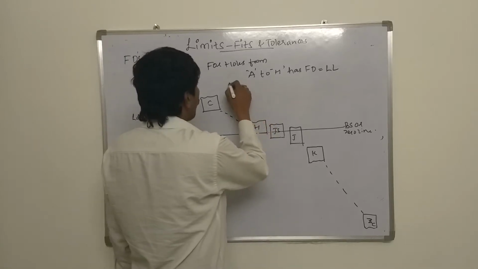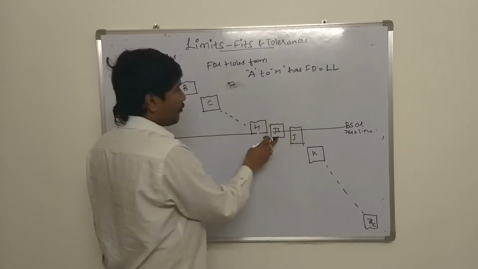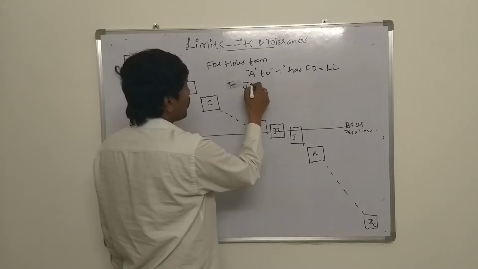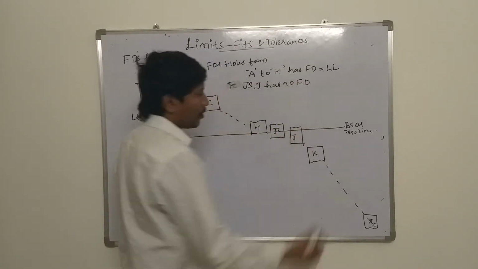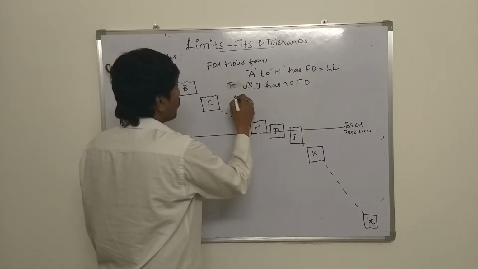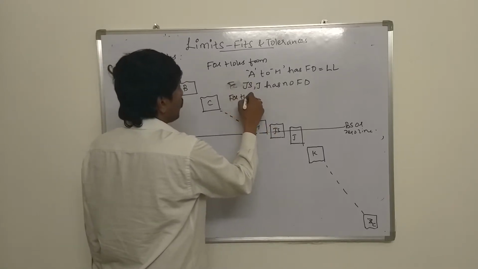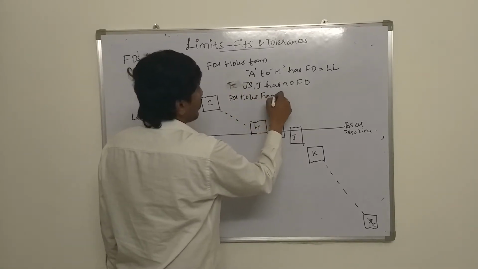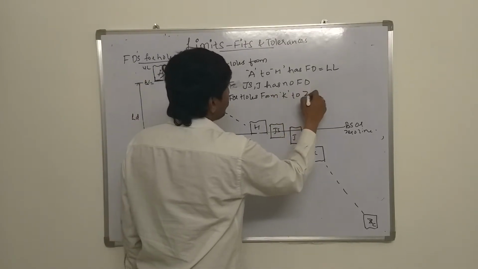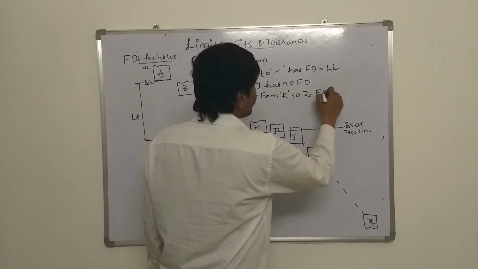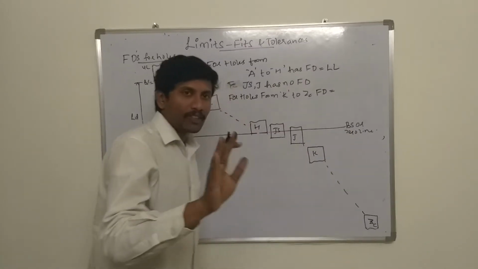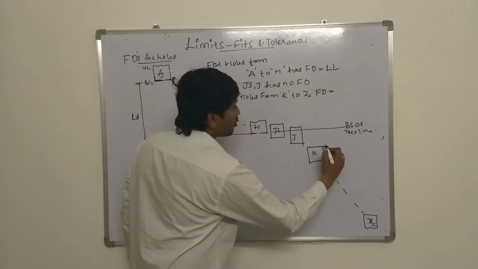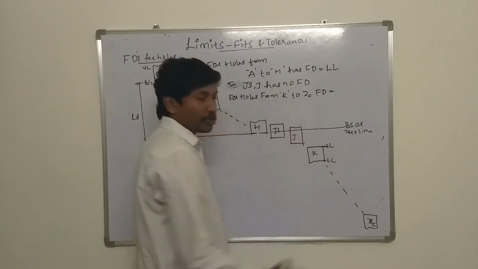If you look at the figure, JS and J have no fundamental deviation. For holes from K to ZC, fundamental deviation is equal to, please see here, this line corresponds to basic size or zero line. This limit corresponds to upper limit, this limit corresponds to lower limit.